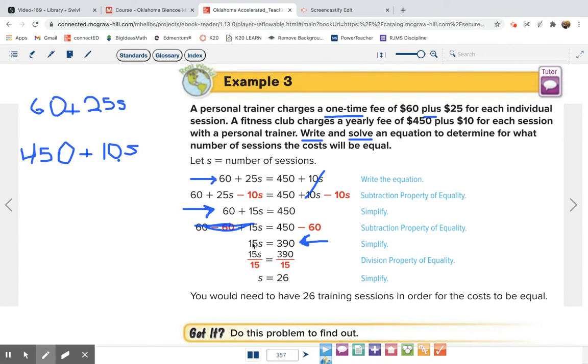Now I want to get rid of the 15, but keep the S there. They're being multiplied, so we divide both sides of the equal sign by 15. It cancels there, and I'm left with S equals 390 divided by 15 is 26. So it would take 26 sessions for the cost to be equal on both of those.